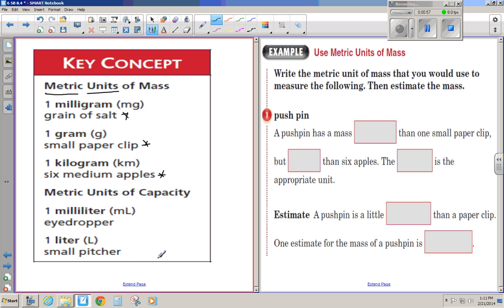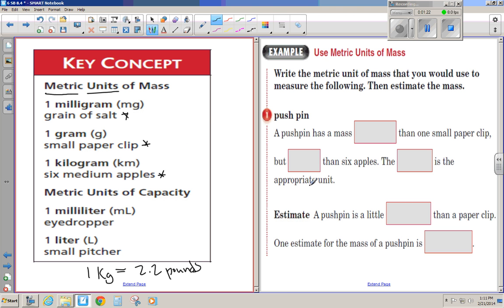If you want a conversion, 1 kilogram is approximately 2.2 pounds. That's how you can measure yourself.